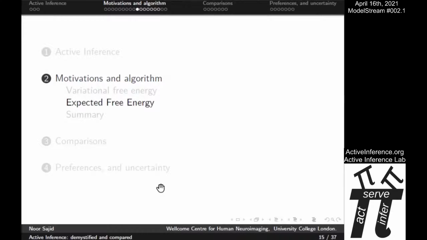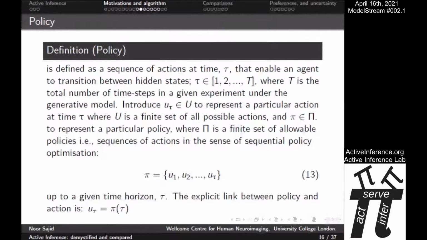I mentioned policies a few times now, so what are they? Policies can be defined as a sequence of actions at time tau that enable an agent to transition between hidden states. And tau here is a sequence of trajectories up to a particular horizon, capital T, which is the total number of time steps you're considering in a particular setup. To properly define a policy, we need to introduce two additional random variables.